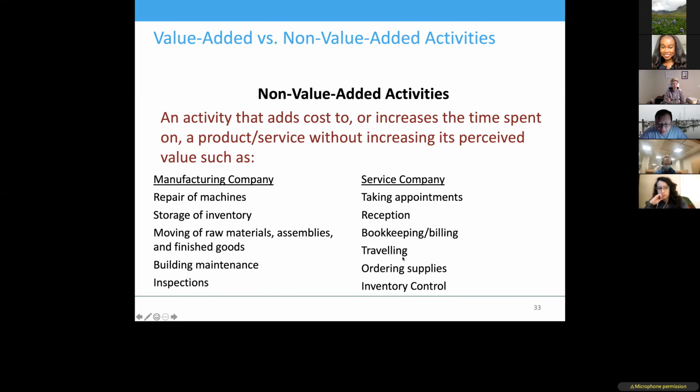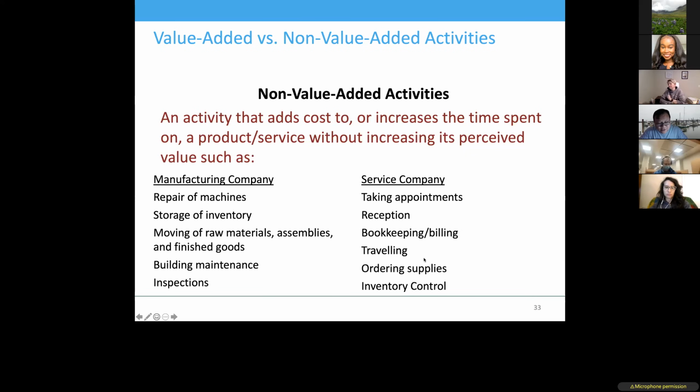If I'm going to a client to do auditing work, the hours I'm traveling from my home to the client's site are non-value added activities. It's important, because I have to drive there before I can do the job, but it doesn't add value. It's only when you start working on the case that it's value added.